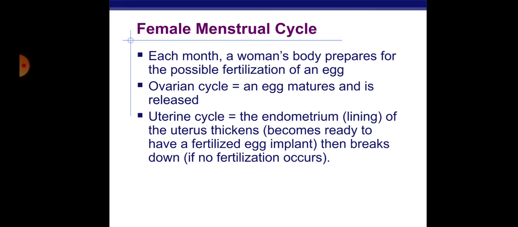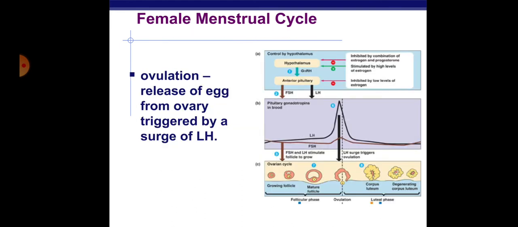There is an ovarian cycle, in which an egg matures and is released into the fallopian tube. Then the uterine cycle, in which the endometrium lining of the uterus thickens, becomes ready to have a fertilized egg implant, then breaks down if no fertilization occurs.